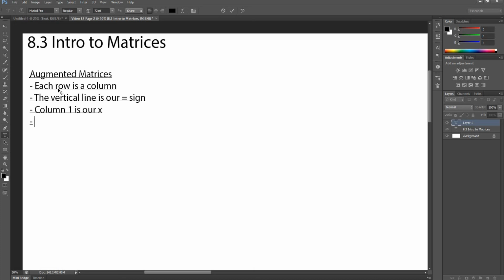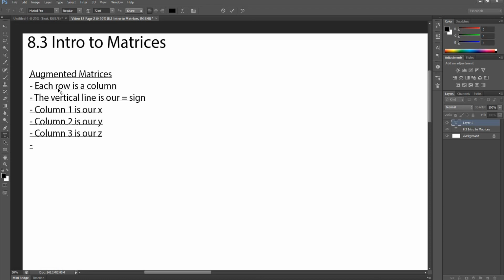Column 2 is our y. This is just our standard notation for when we're working with matrices to represent. Right now we've only gone up to 3 variables, so this is for representing 3 variable equations. If it was a 2 variable equation, it would stop at column 2 being y. Column 3 is our z.